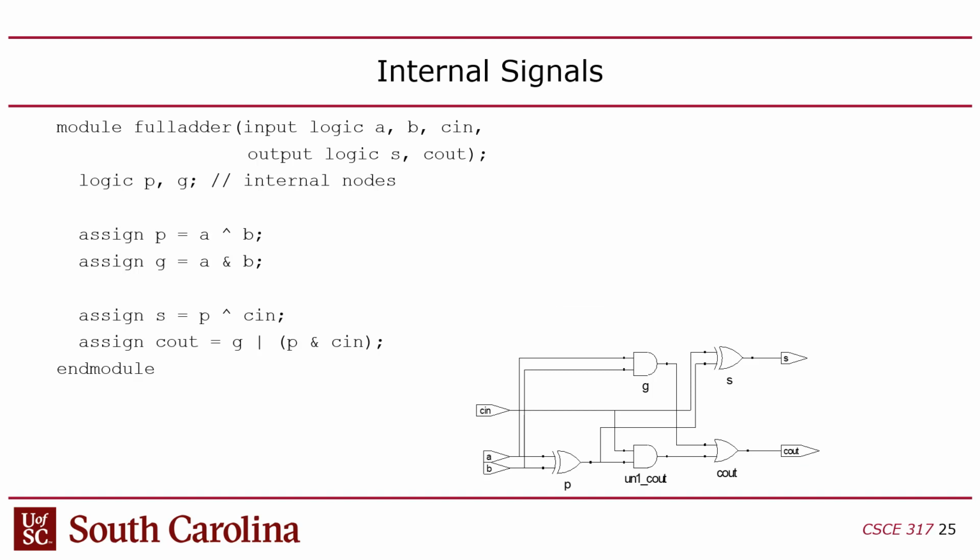Internal signals are declared internally, and they're used to glue together either modules, or in this case they're gluing together assignment statements. So we've got A and B come in, they pass through this P and G stage, and then they get passed into this second assign stage, which then ultimately sets S and C out, which are the outputs.